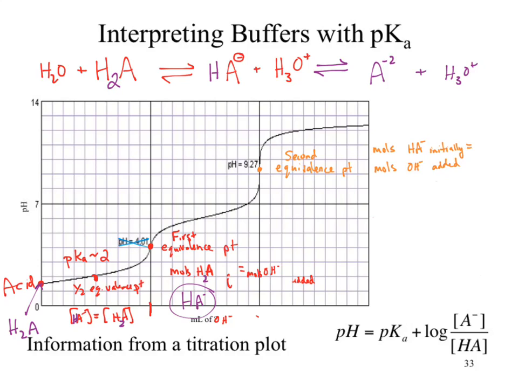What species is present at that point? It's just A minus 2. There's no more of any of our weak acid. We've now completely converted across to being just A minus 2. So we could call this our first piece of information, our second and our third piece of information, all labeled at that point.